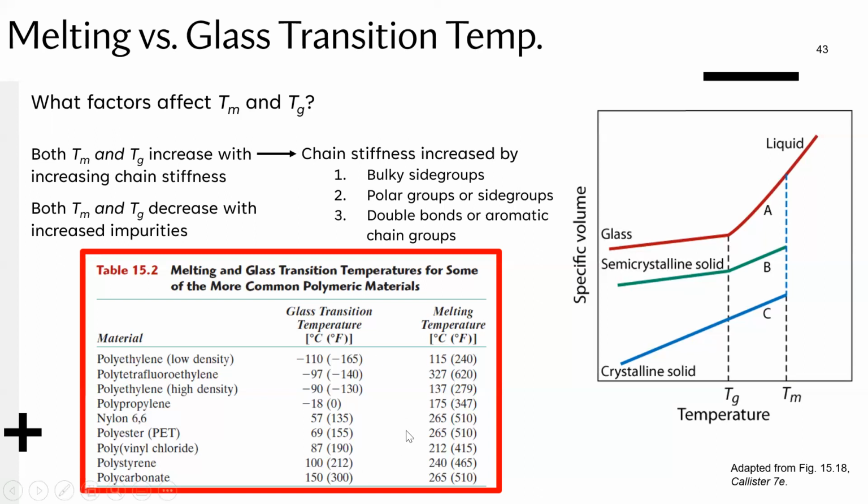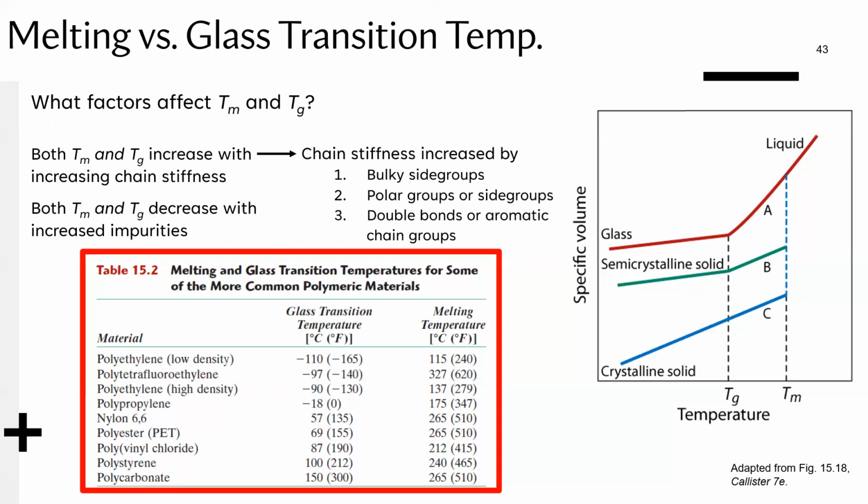Now, this is where it gets really interesting. We are at room temperature right now, and you can see that a lot of the materials at room temperature are glassy, meaning that room temperature is below their glass transition temperature, okay? So if you heat, for instance, nylon or polyester up to 57 or 69, respectively, you will hit that glass transition temperature and it will become more flexible.